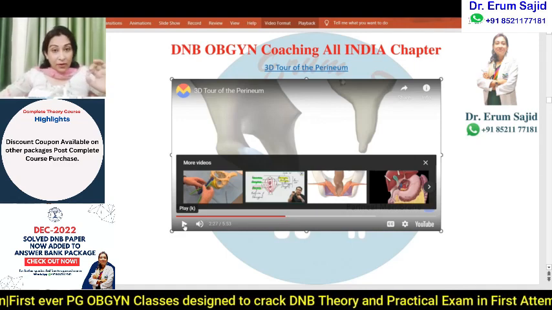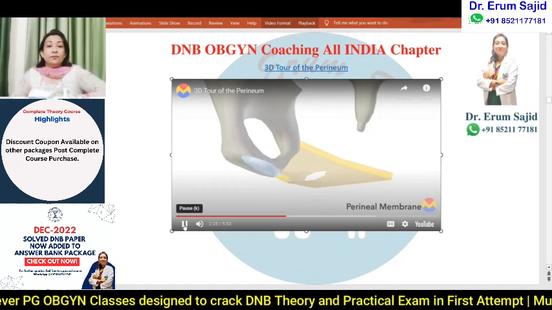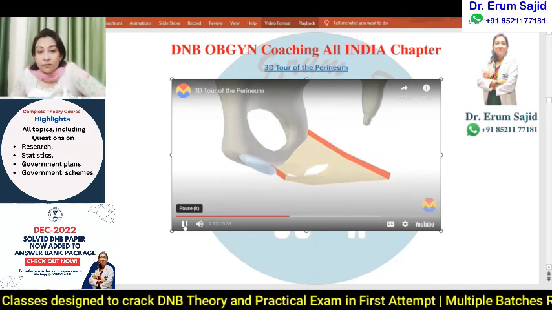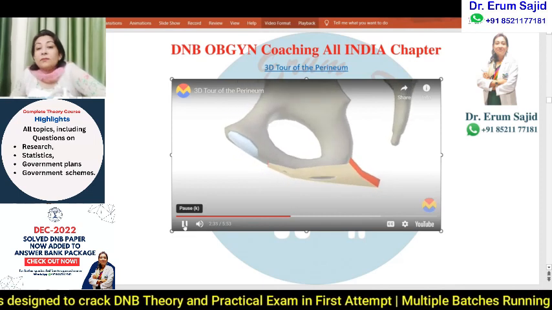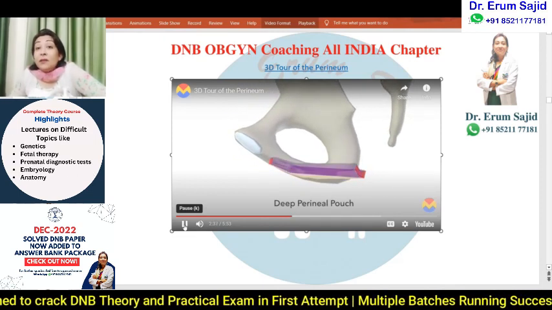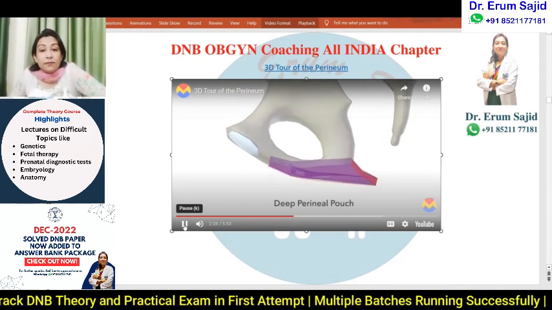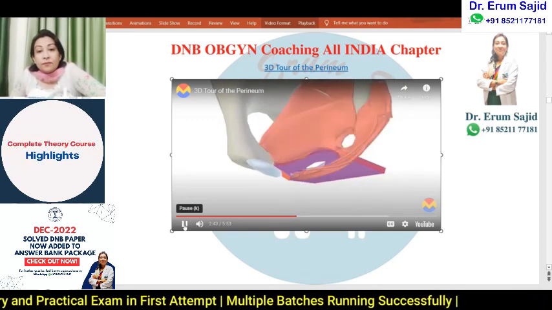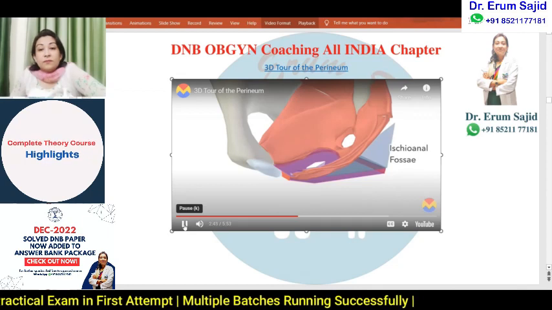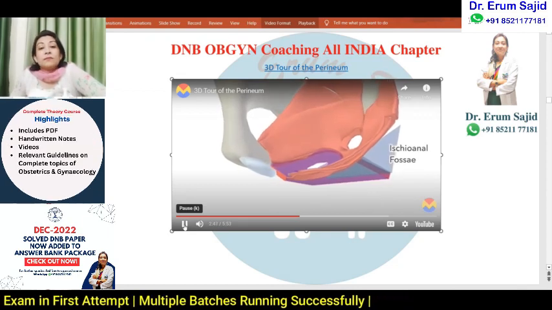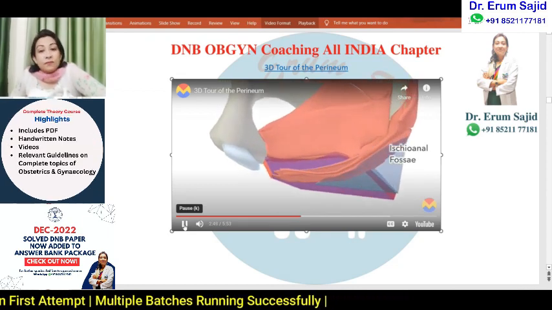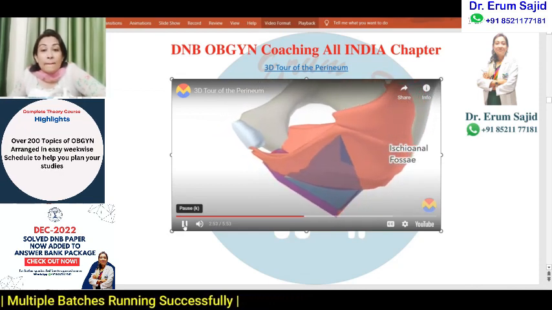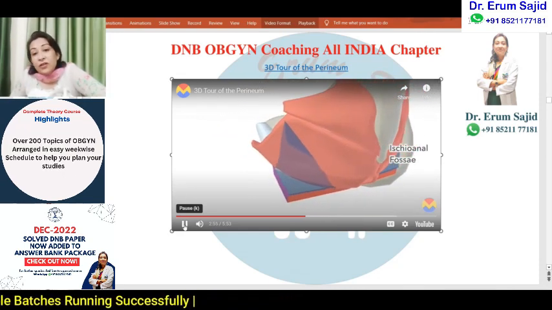The perineal membrane has upturned anterior and posterior edges and collects within it a space known as the deep perineal pouch. Very important. The ischioanal fossae partially occupy the space between this pouch and the pelvic floor muscles. This is very important. The deep perineal pouch is thus a very shallow space.